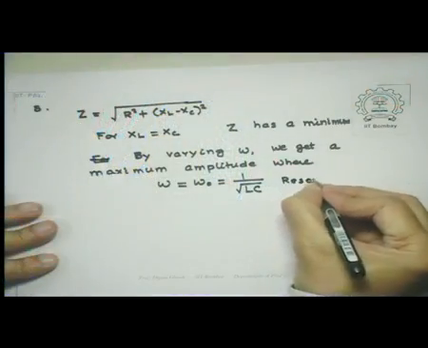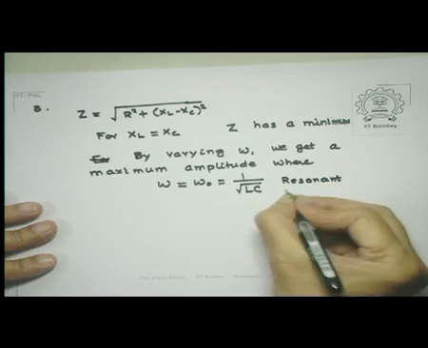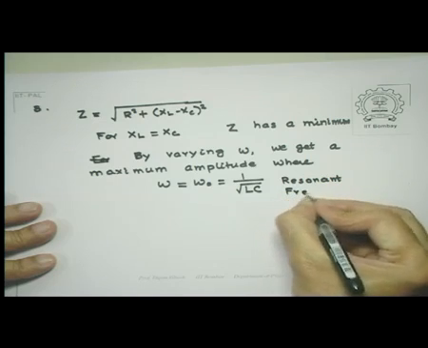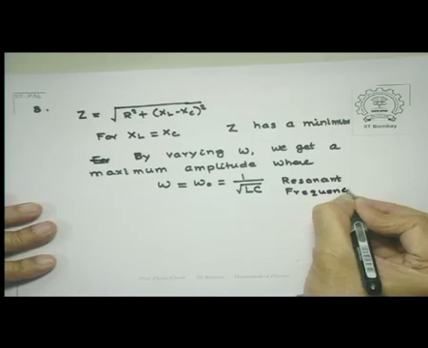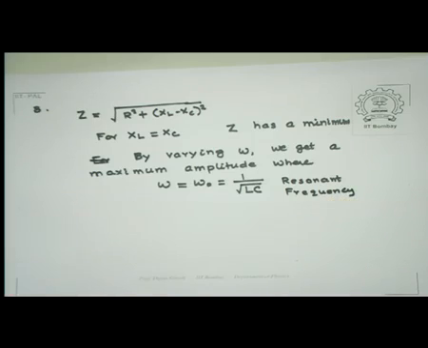This is the resonant frequency. This occurs when the voltage across the LC part of the circuit is equal to 0. And what we found is that the lower the resistance is, the sharper is the peak.